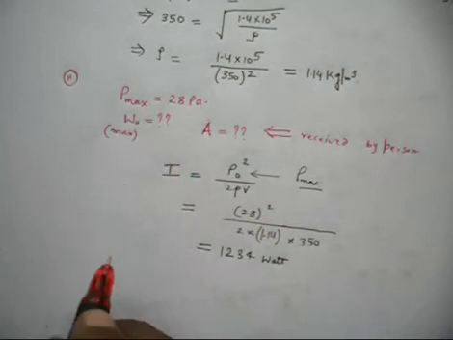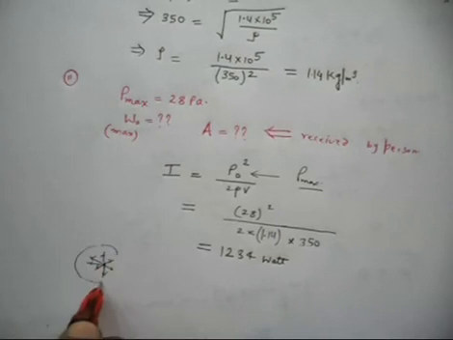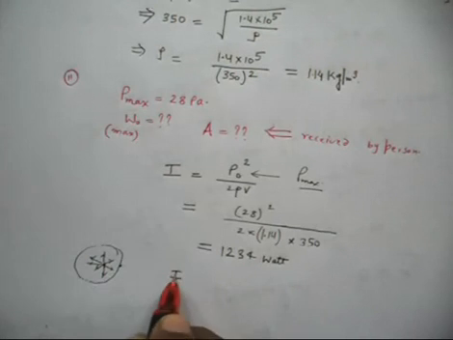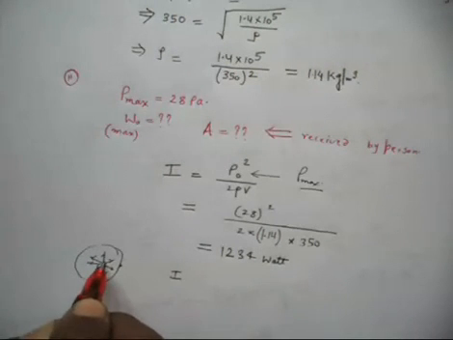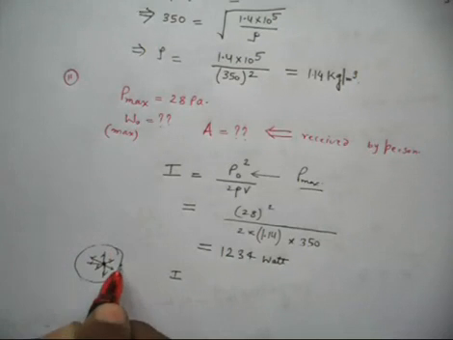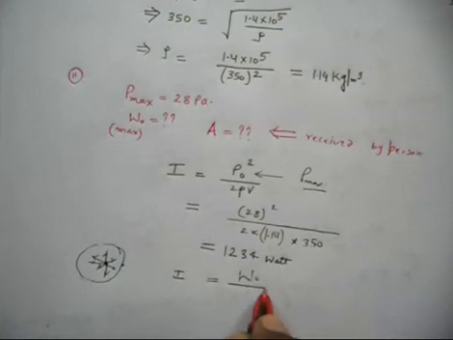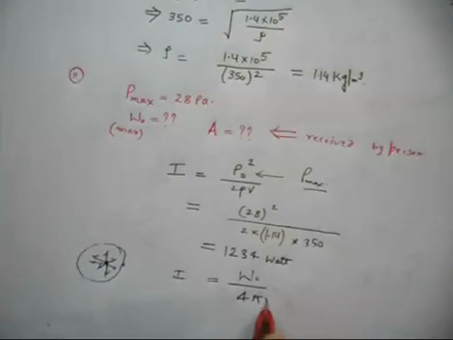So maximum intensity, if I have a sound source, this emits the energy. At a 10 meter distance, I can write intensity is total power emitted, W naught, divided by the cross-sectional area, which is 4 pi r square. So intensity at 10 meter is given by W naught by 4 pi r square.